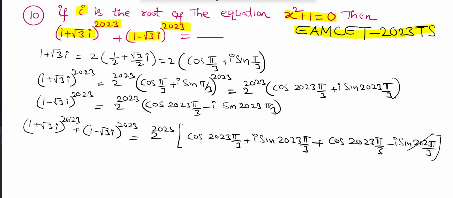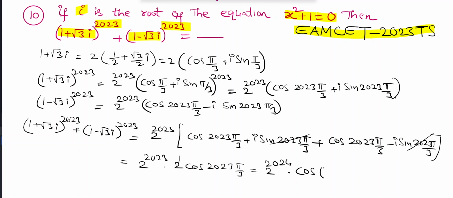So here i sin 2023 pi by 3 cancels, that is equal to 2 power 2023 into cos 2023 pi by 3 plus cos 2023 pi by 3. This is 2 cos 2023 pi by 3, that is equal to 2 power 1 into 2 power 2023, which is 2 power 2024 cos 2023 pi by 3.